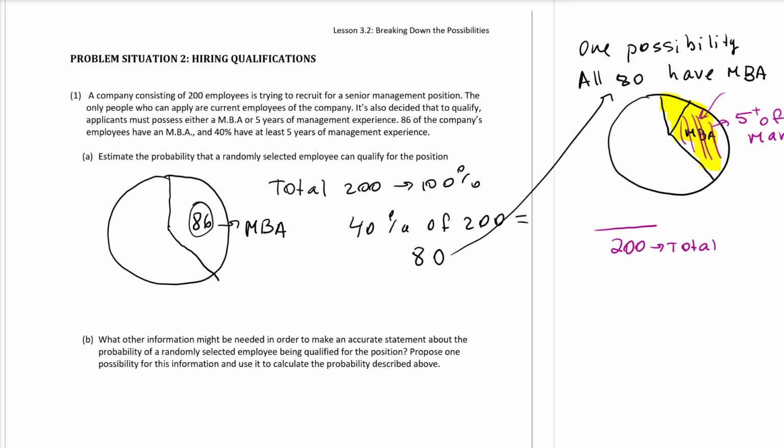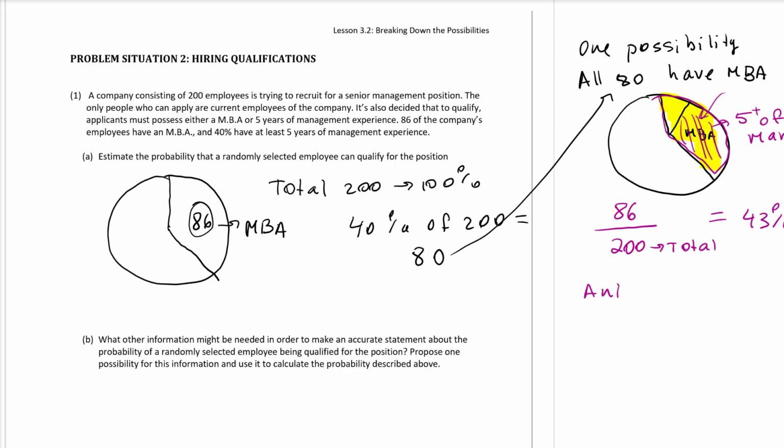In this case, success is defined as being anywhere in this yellow region. So that would be how many? 86. I'll give you a moment to convert that into percent. What would that be? So that's 43%. All right, so that's one possibility.